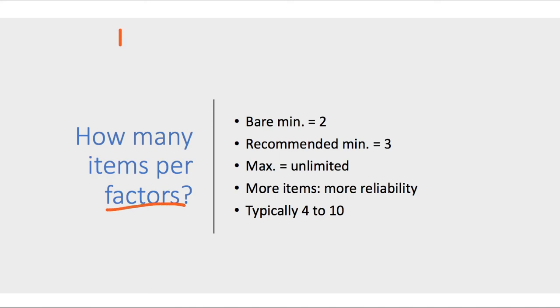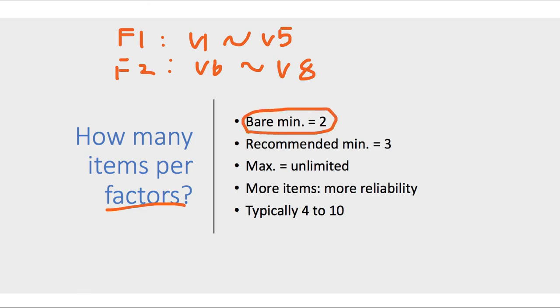That is, factor 1 may contain variable 1 to variable 5, and then factor 2 contains, let's see, variable 6 to variable 8. And make sure that each factor has at least 2 items. Otherwise, if you have just one item in a factor, it couldn't help us achieve data reduction or dimension reduction.